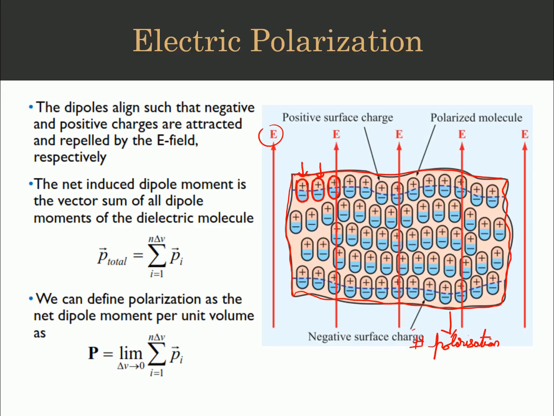And you can see that polarization is dependent upon the volume. So we saw previously that a dipole moment was represented as small p, equal to the charge and the distance between them.